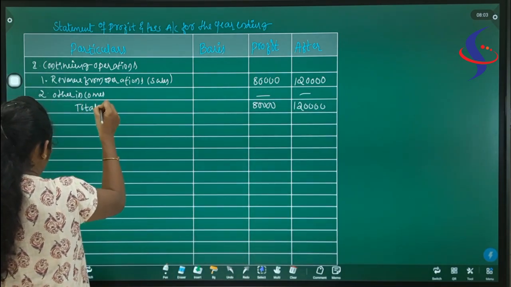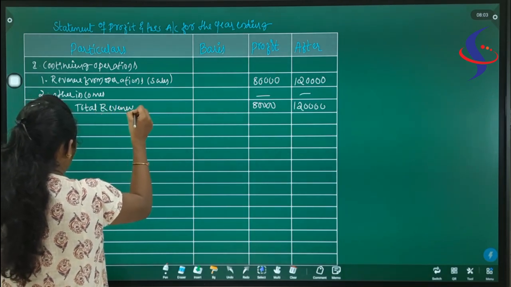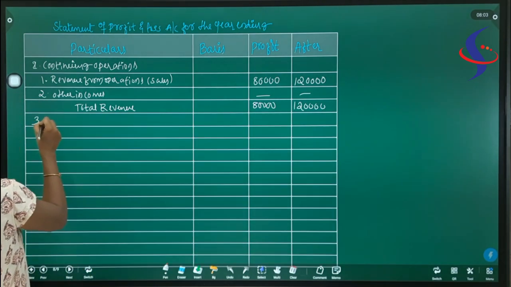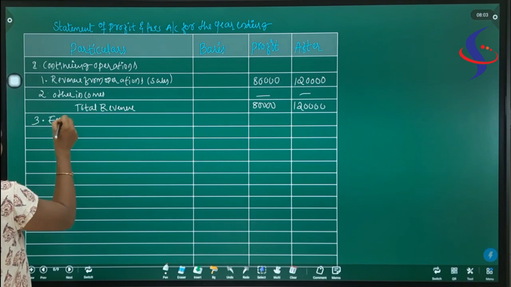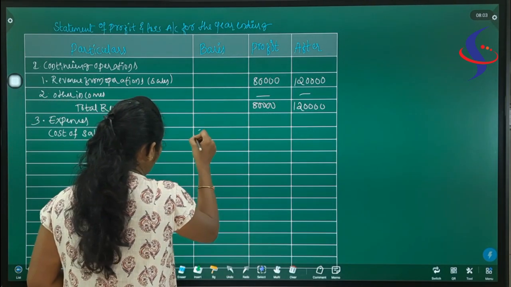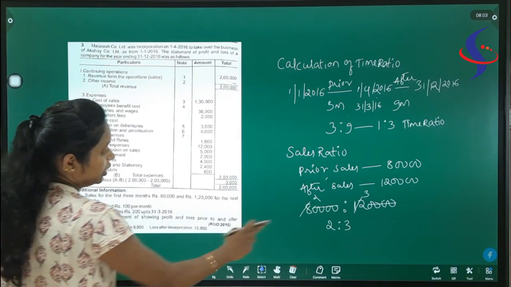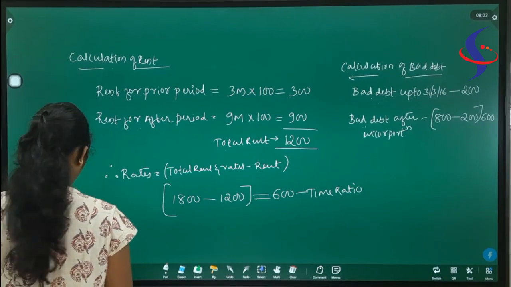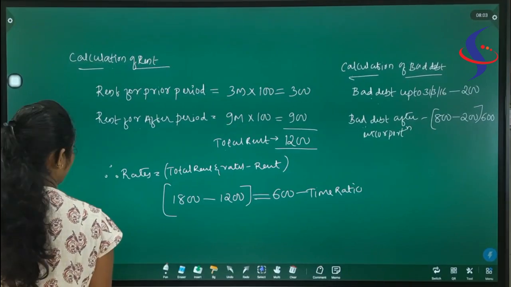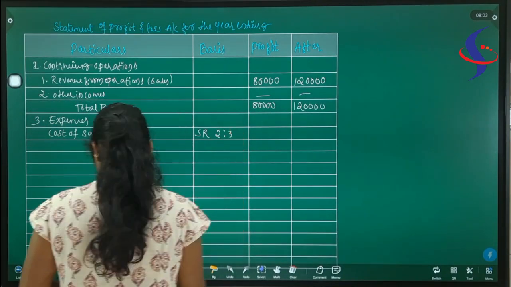When expenses come, then only our work of division using time ratio and sales ratio begins. Now we'll start with expenses. Cost of sales, it means we should always divide using sales ratio. What is our sales ratio? We calculated it now in the working note. It is 2:3. And the amount of cost of sales is 1,30,000.